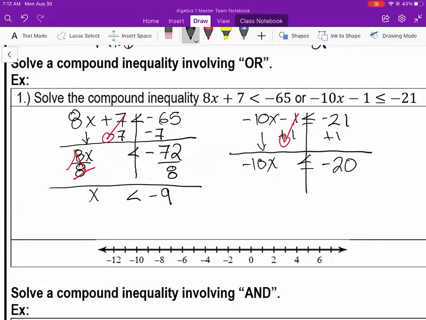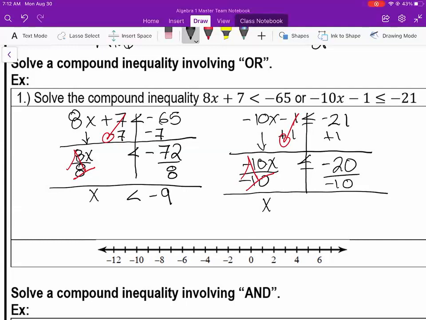And finally, my last step, what is the opposite of multiplication? That would be division. So I'm going to divide by negative 10. And whatever I do to one side, I do to the other. Go ahead and draw your line and do the math. Negative 10 divided by negative 10 equals 1. So I'm left with x is, now here's what happened.